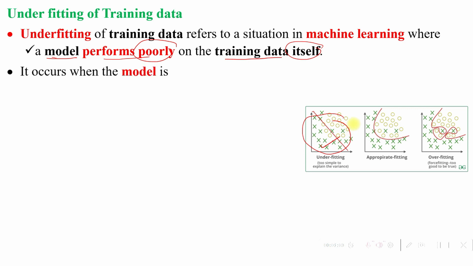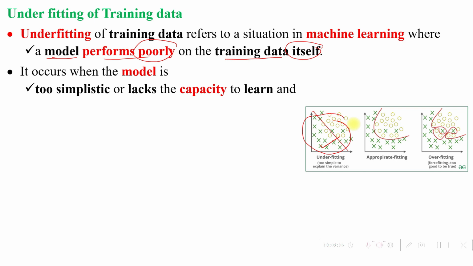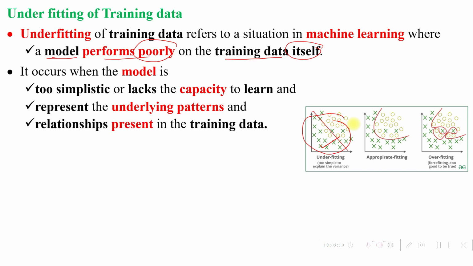It occurs when the model is too simplistic or lacks the capacity to learn and represent the underlying patterns and relationships present in the training data. Because of these things, the model is unable to predict the data correctly in the training data itself.